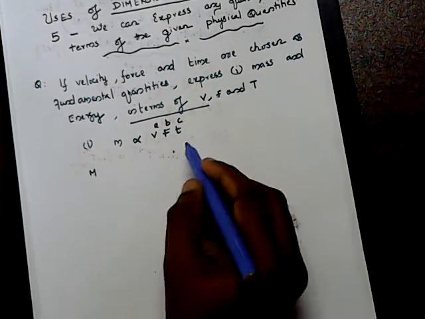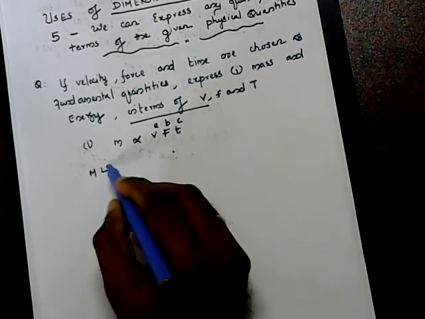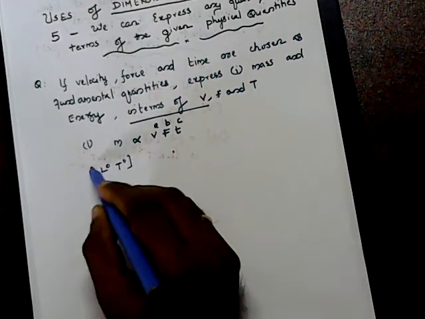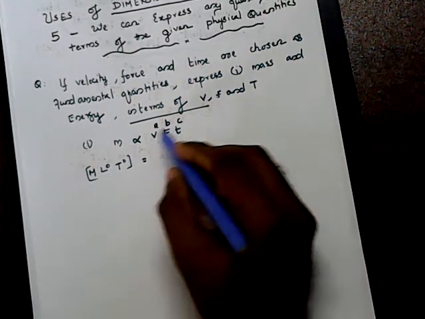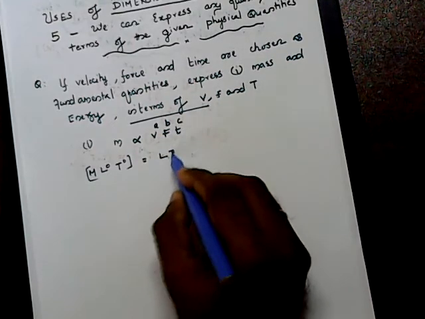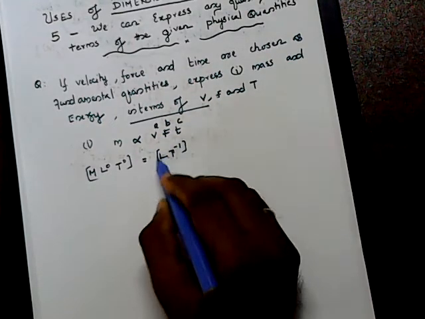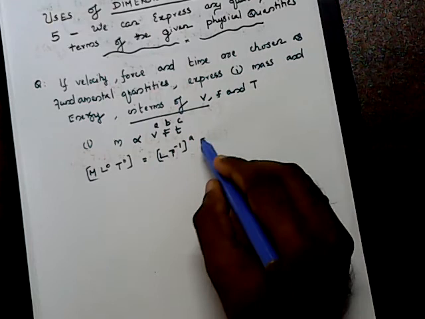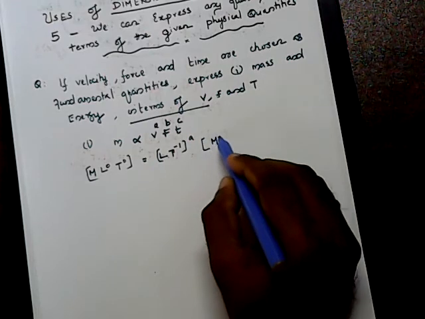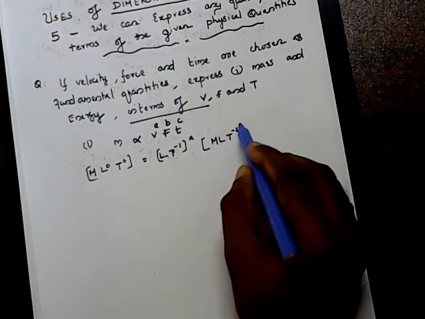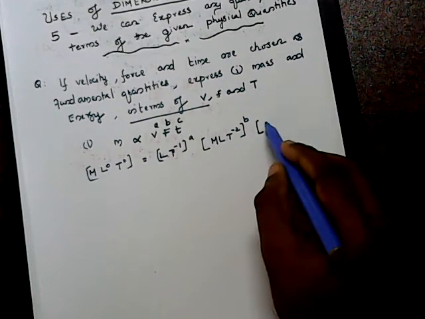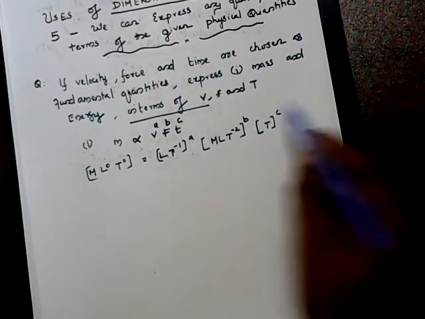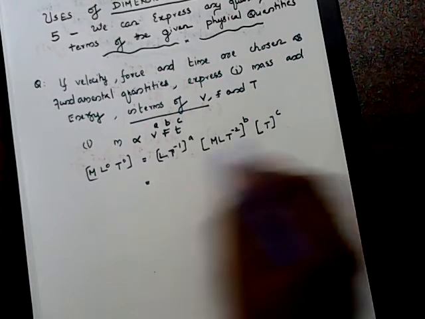So M L raised to 0 T raised to 0 equal to a constant, it is a dimensionless one, into the velocity as L T raised to minus 1, the whole raised to A, into the force as M L T raised to minus 2, the whole raised to B, into the time as T, the whole raised to C. We can group them.